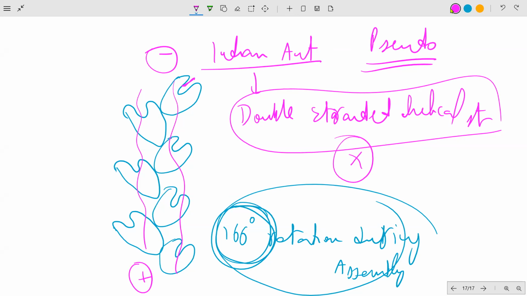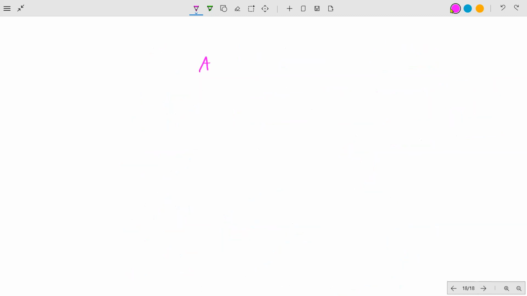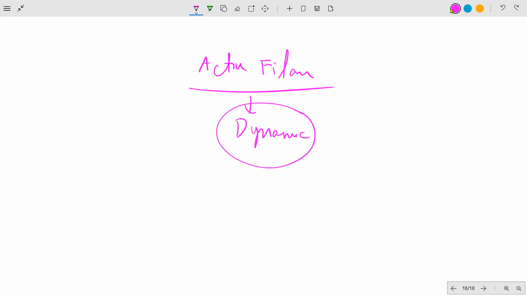ठीक है. अब आपने याद रखना है, these actin filaments, we know the entire dynamics. ये dynamic structures हैं, ये static structures नहीं है. These are dynamic structures, you know. ठीक है.